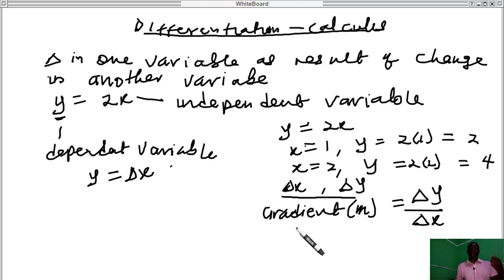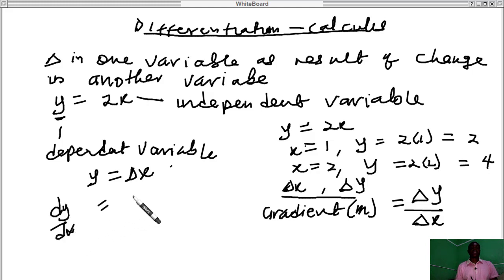So if you look at price and quantity, whenever price changes, quantity will also change. Either quantity will be up or down. So that change is what you're talking about. If you look at differentiation, they have a symbol dy/dx.